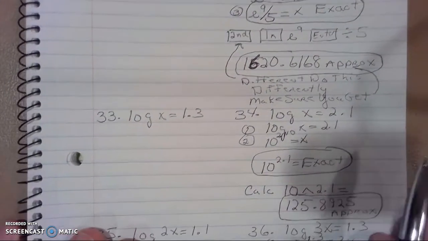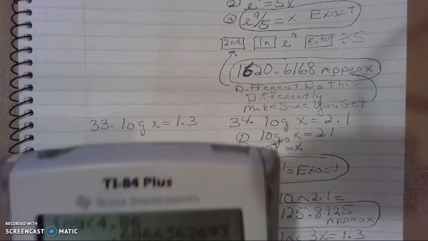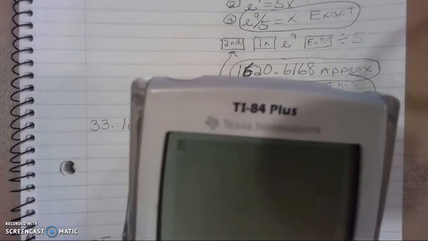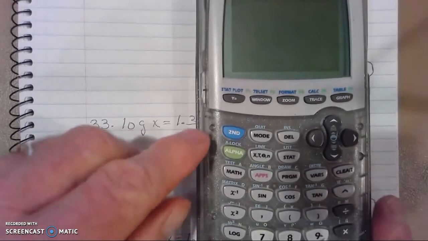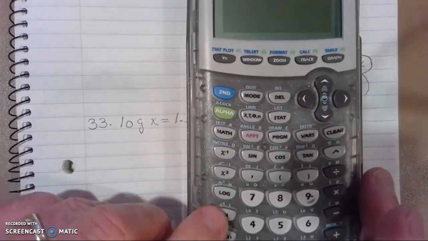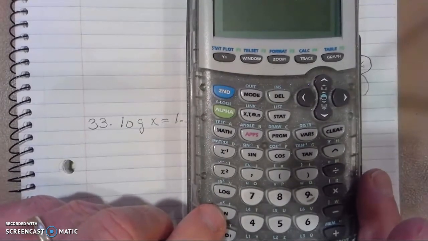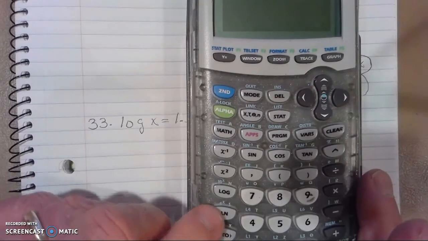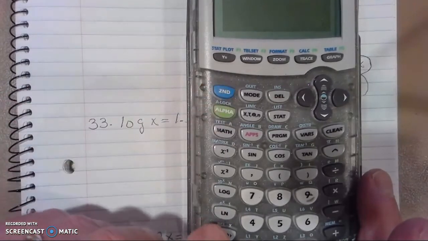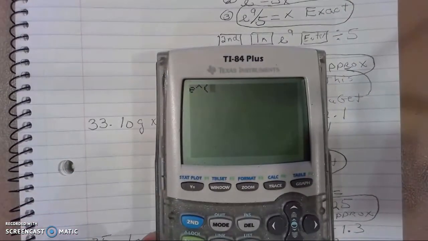Then with my calculator, how I get an e on my calculator is I hit this button here, second, and then my natural log down there, because above my natural log is a little e to the x, which you can't see. So I go second, natural log, and that gets me an e showing.